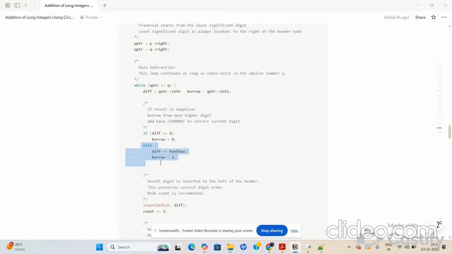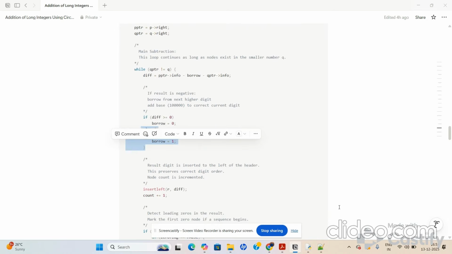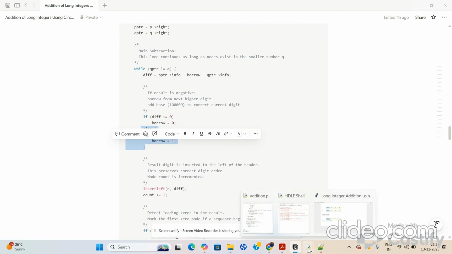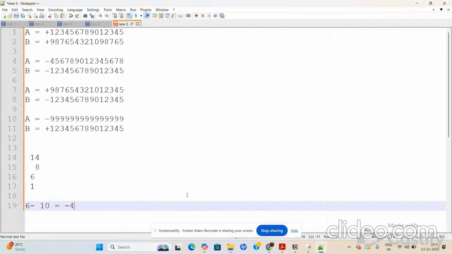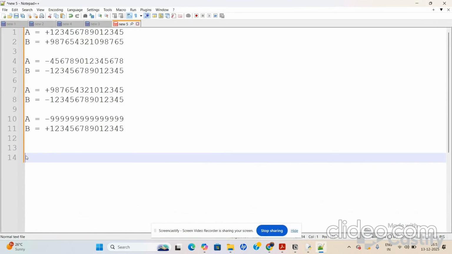Okay, so let's take another number. Let's take a larger number this time. Okay, so you have a number, let's say 1 0 0, another 0 and 2, and you subtract 9 from it.